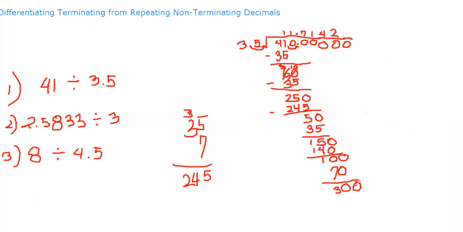So, 300 divided by 35. What is 300 divided by 35?